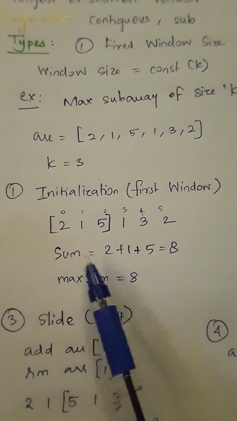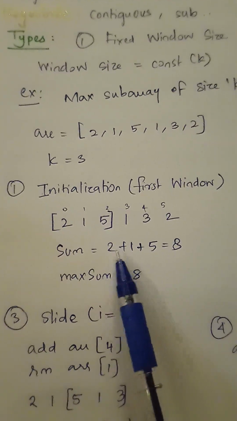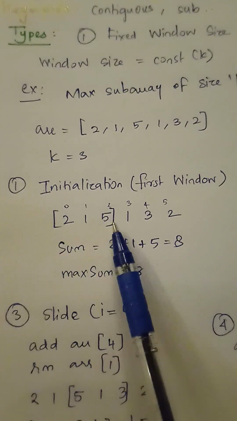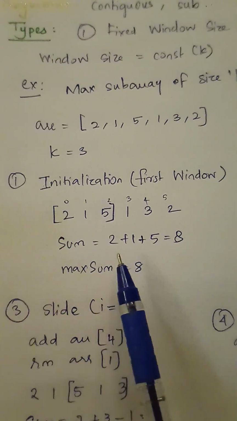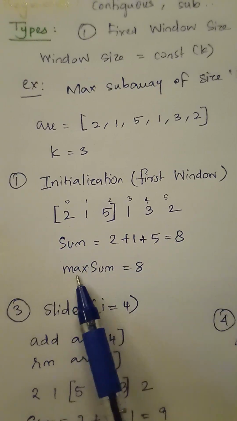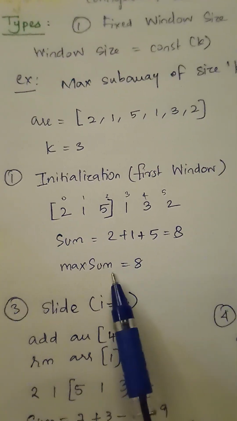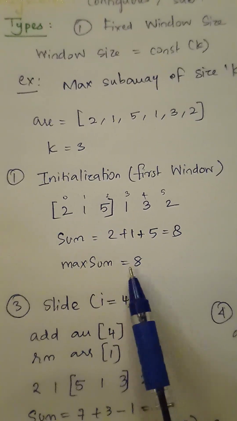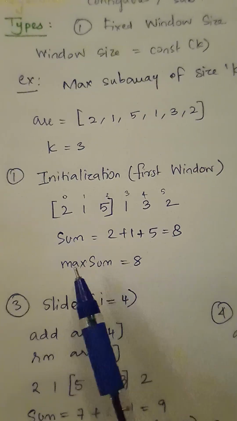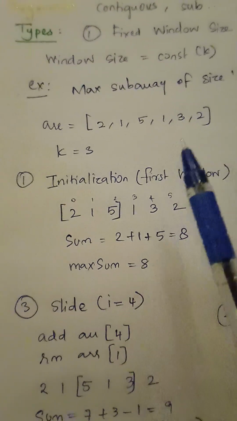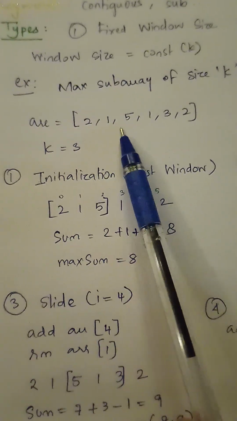We calculate the sum of this subarray, which is nothing but 2 plus 1 plus 5 for this window, which sums up to 8. Now let us take the maximum sum to be 8 for now. Then we will compare which value is greater to compute this maximum sum. First of all, our objective is to find which window gives the maximum sum.